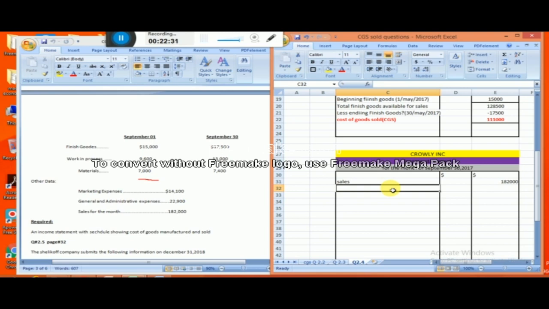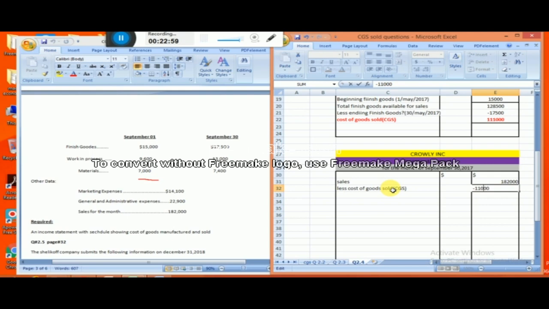From sales, we will subtract the cost of goods sold, CGS. So less cost of goods sold, minus 1,11,000.